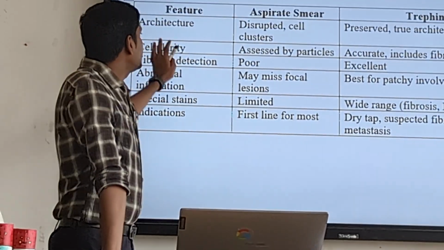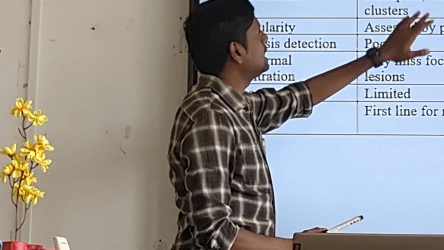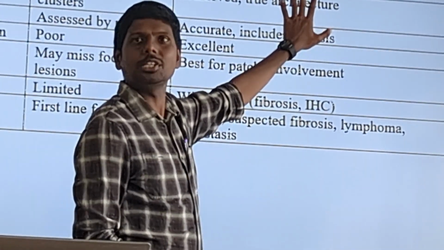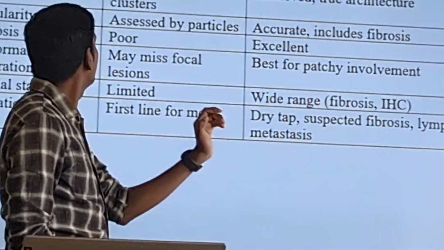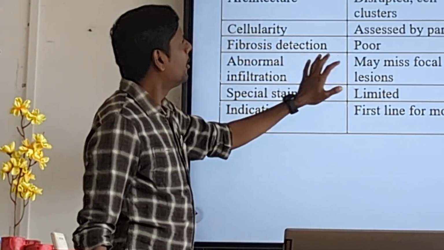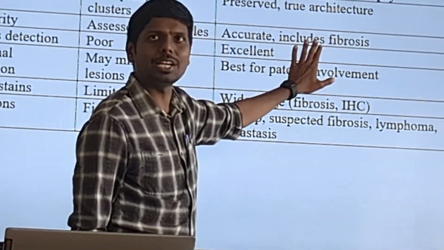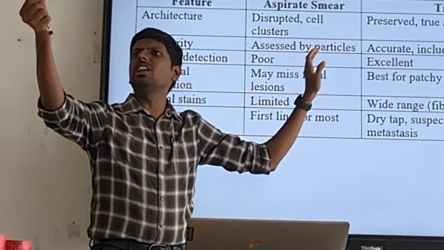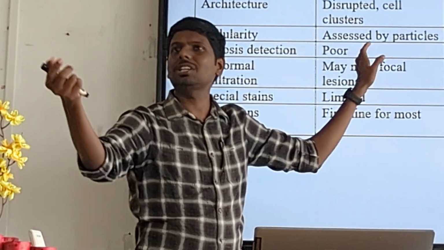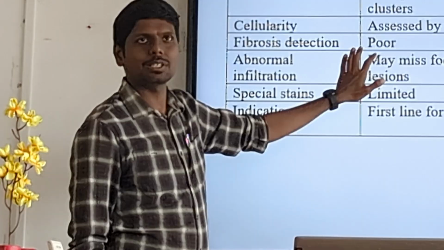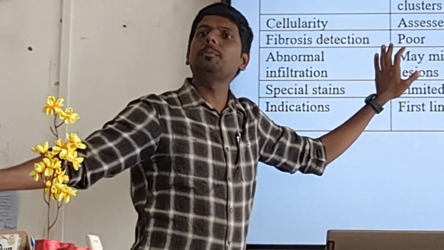Then, what is the difference between an aspirate and a bone marrow biopsy? So, the architecture of the cells, here only cells can be seen, but the bone marrow tissue architecture can be studied in the biopsy. Then cellularity, okay, in aspirate it is assessed by particles, but in biopsy it will be assessed more accurately, because in aspirate we are getting small granules, particles, that is not sufficient. So biopsy is always good. And fibrosis detection. What if my bone has some fibrosis?